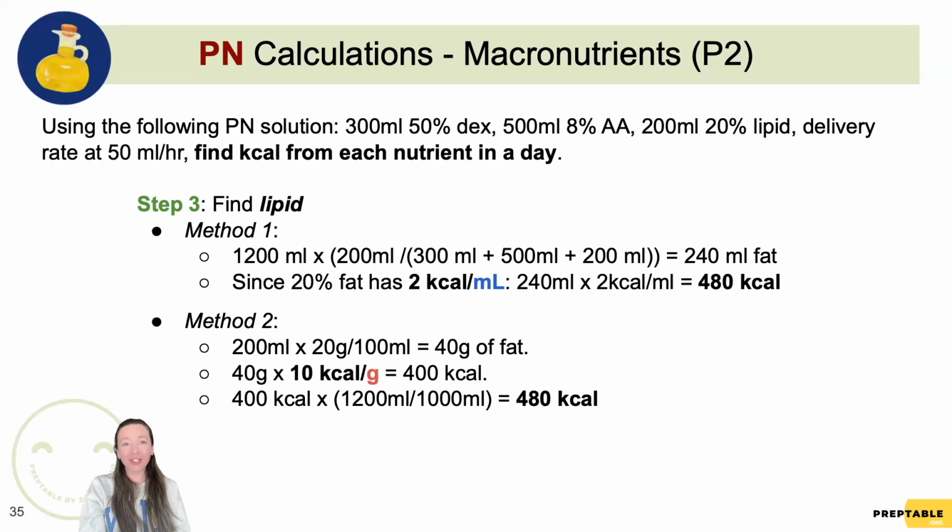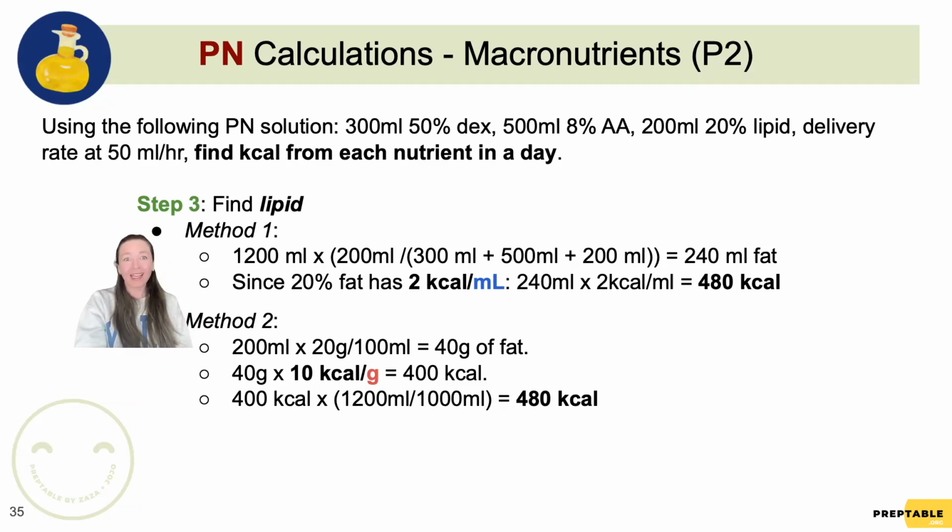Now let's move on to calculating how many kcals we get from lipids in this PN solution. And for this, we wanted to share two methods of getting this value. First, method 1 involves calculating the total volume of lipids in the solution and then determining the kcals based on the concentration of lipid emulsion. So the first step is the same as it was for carbs.